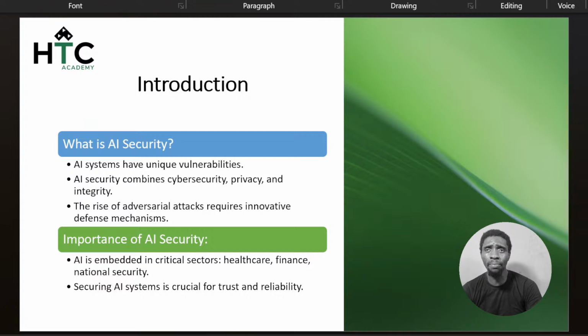Probably it started well, but in the middle of nowhere it just went blank because it doesn't know what else to do. Situations like that can be dangerous and challenging. That's one of the reasons why AI security is important.